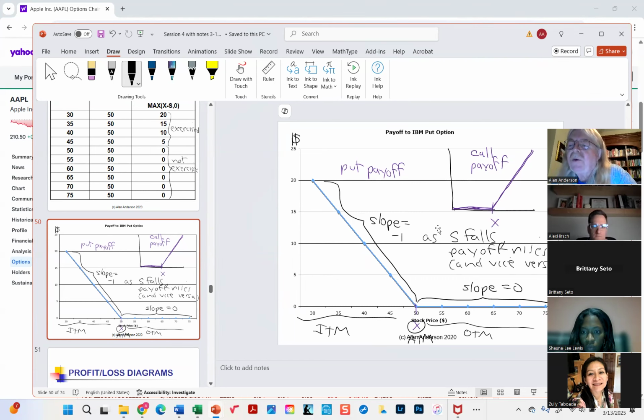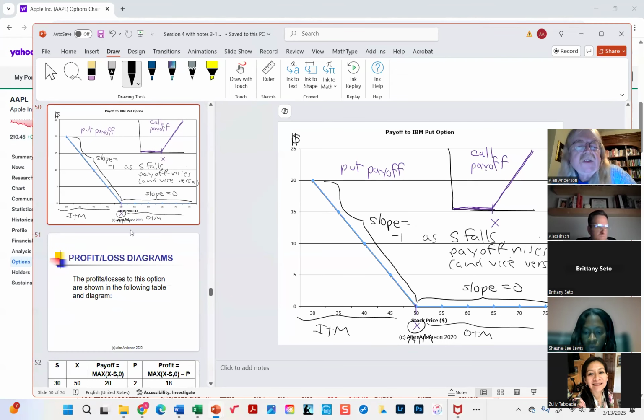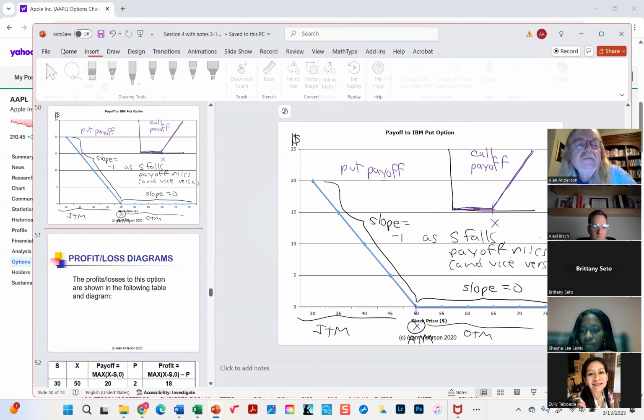Now, by the way, I do want to mention one little technical detail here. One way in which the two are different from each other, I'll just throw this in here right now.